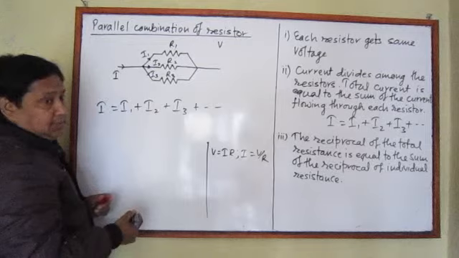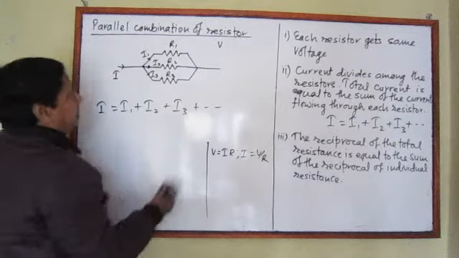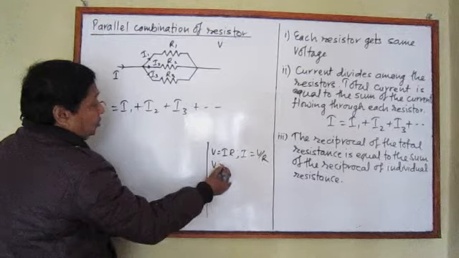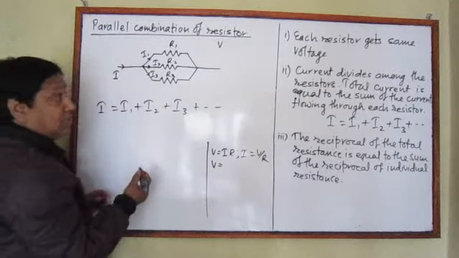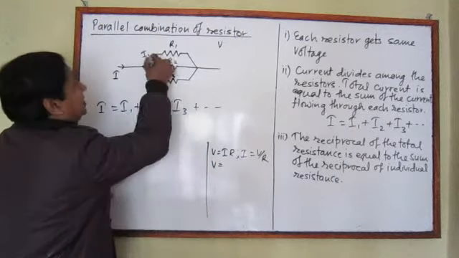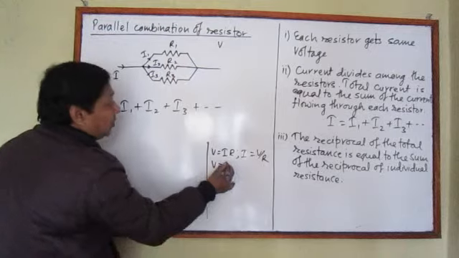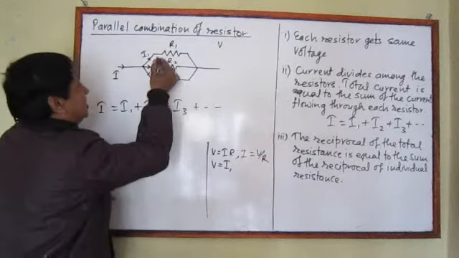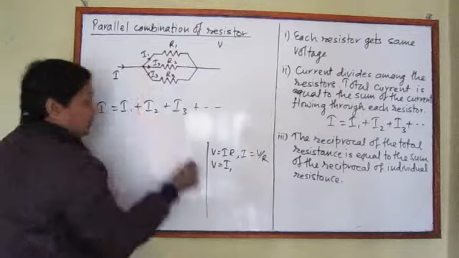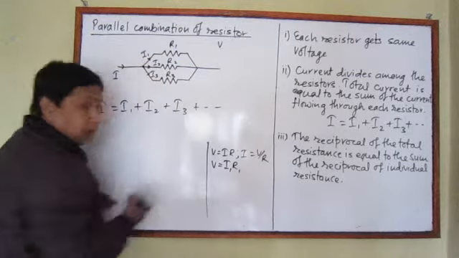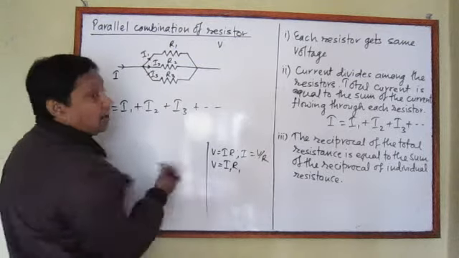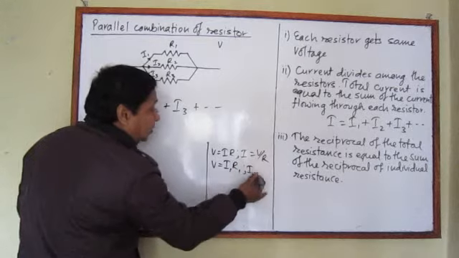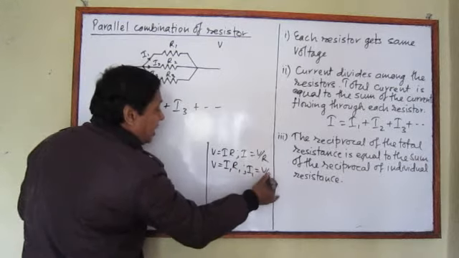For the first branch, the same V equals IR applies. V remains the same because the voltage is not different, but the current is not I here, it is I1, and the resistance is not the total resistance but R1. That's why V equals I1 R1 for the first branch, and this can be written as I1 equals V by R1.